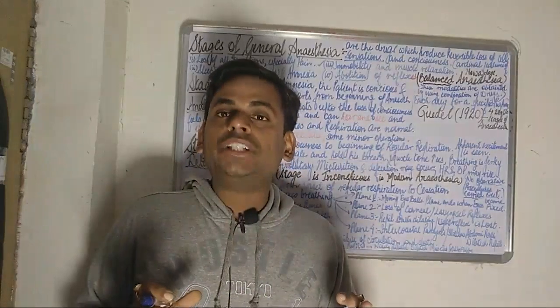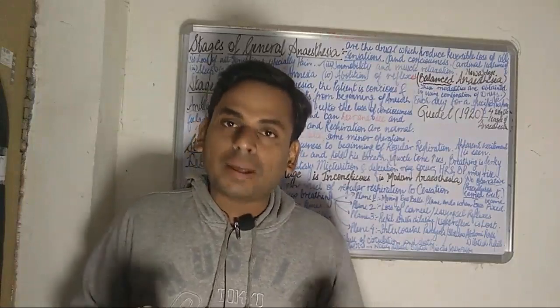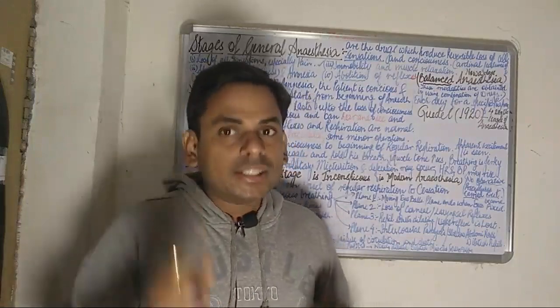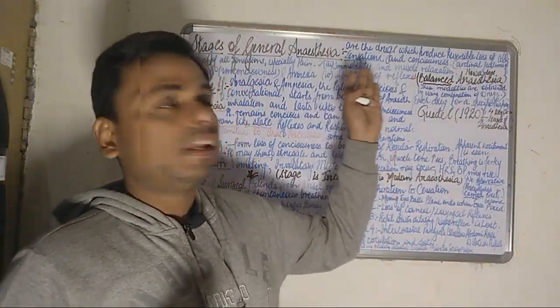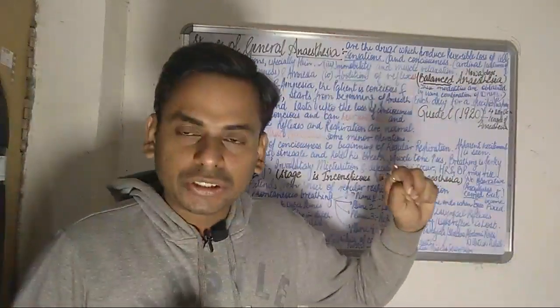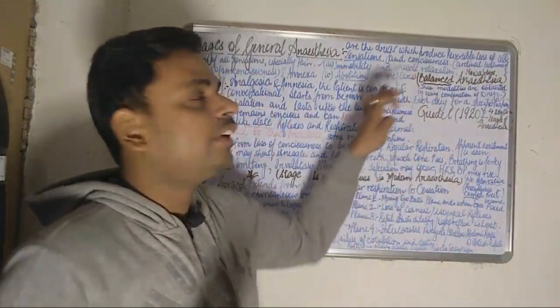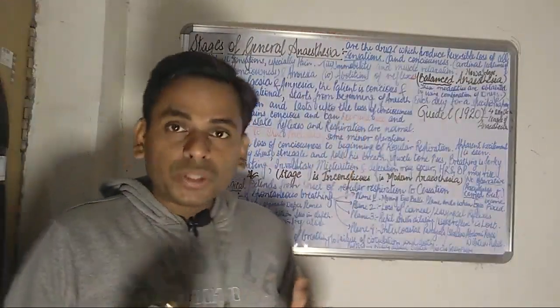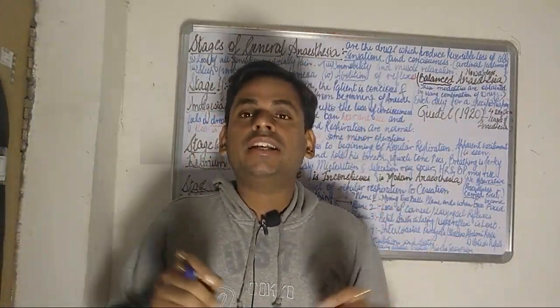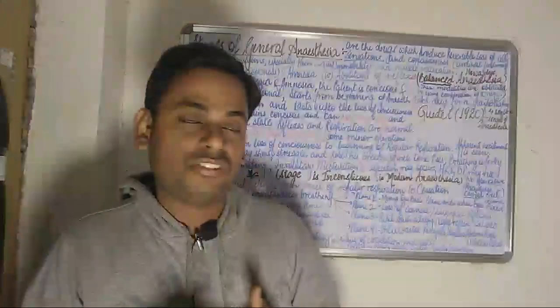This immobilization is basically achieved by muscle relaxation. So the third cardinal sign is the immobility and muscle relaxation that occurs after general anesthetic administration. And the fourth cardinal sign is the abolition of reflexes.